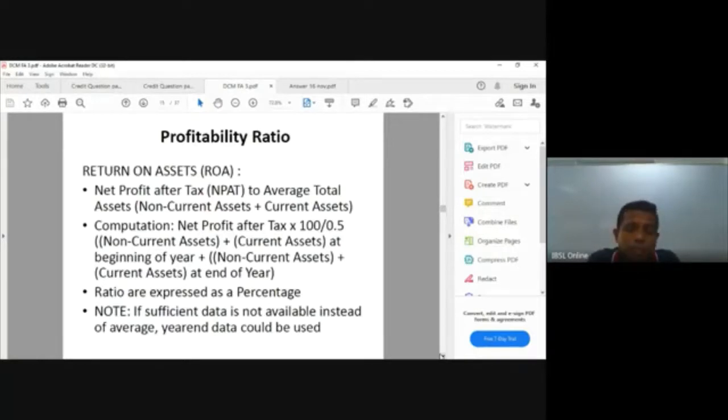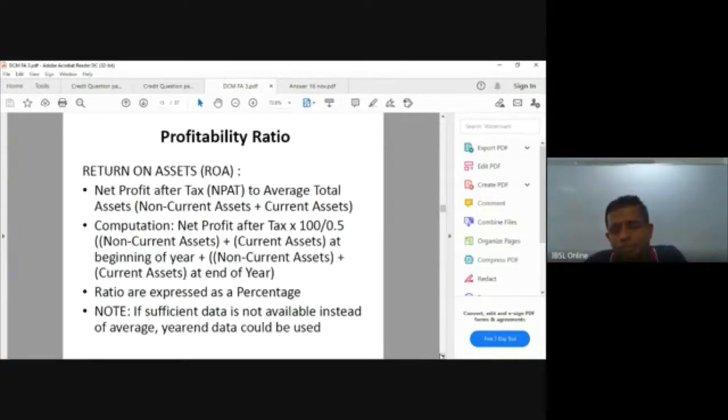In some cases they take net profit before tax also, but whichever item you take, you have to rename the ratio accordingly. If it is net profit before tax, you say the answer is ROA, return on assets, before tax. If it is net profit after tax, we say it is return on assets after tax.